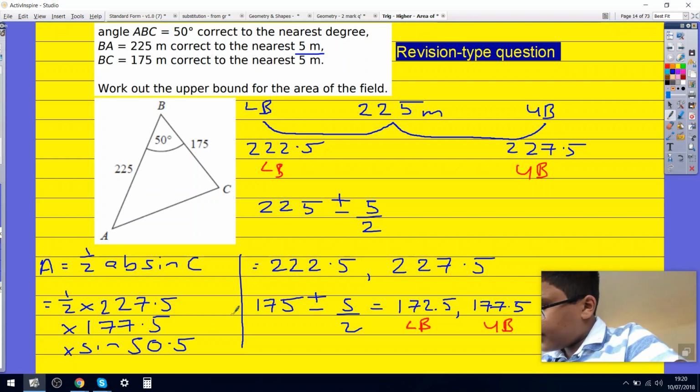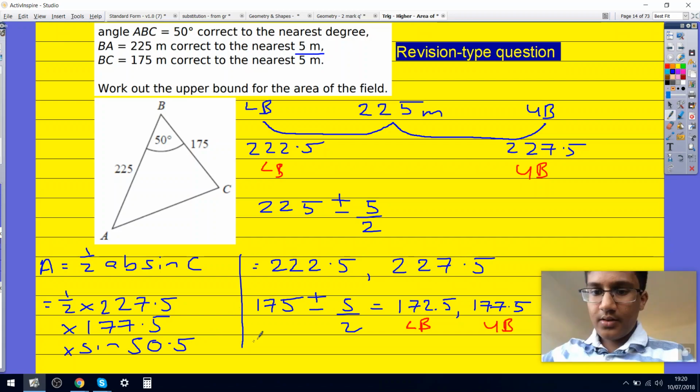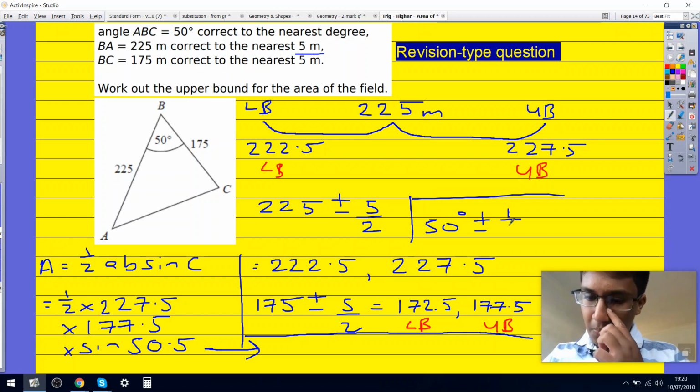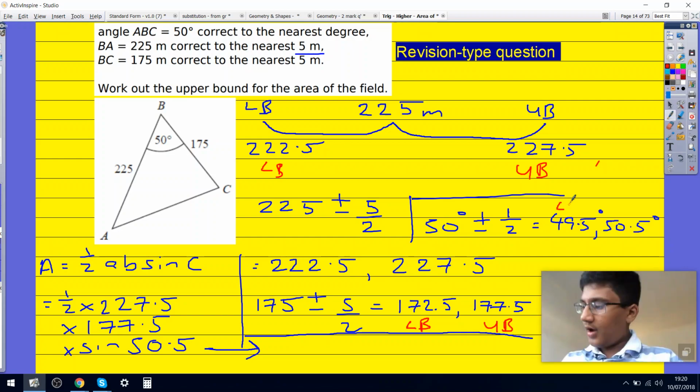Which gives us, I'll do that. So that gives us 155.